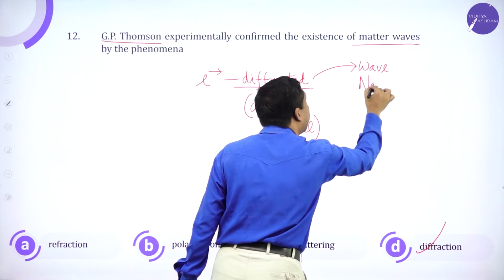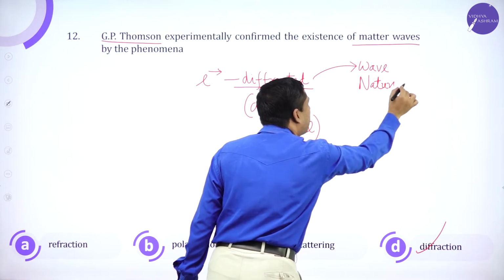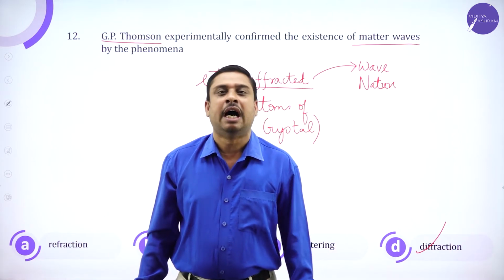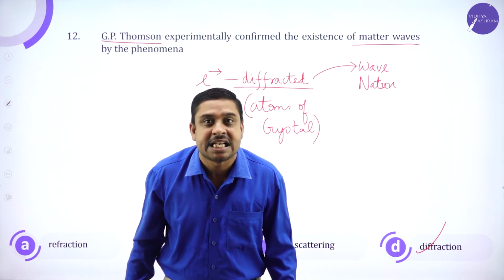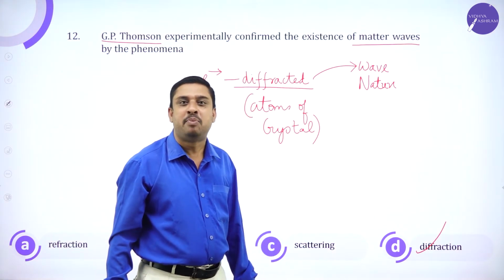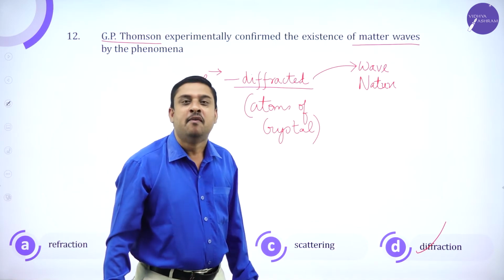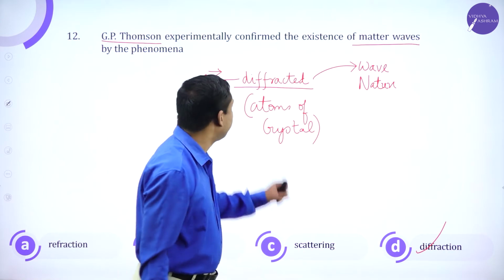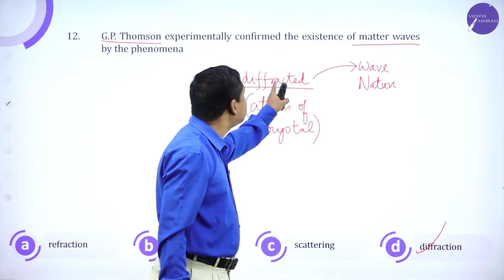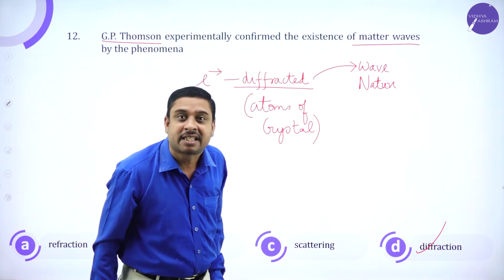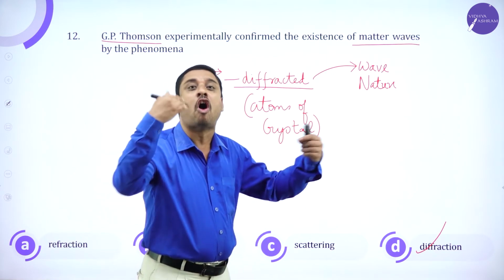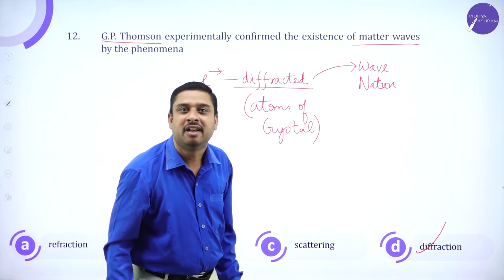establishes the wave nature. Now we have read that for diffraction, interference or polarization to be established, we have to consider wave nature. Since electrons are getting diffracted in the experiment, that means electrons also have wave nature.